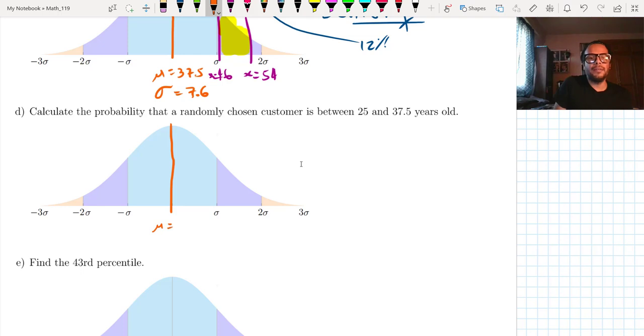The mean will be 37.5 and the standard deviation will be 7.6. So we're looking for x between 25 and 37.5. So we're looking for this portion of area.